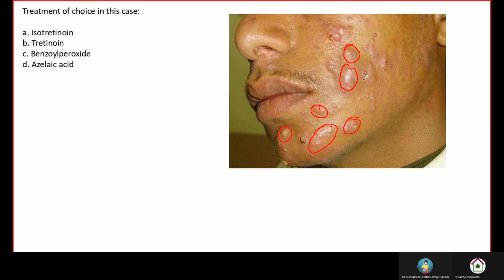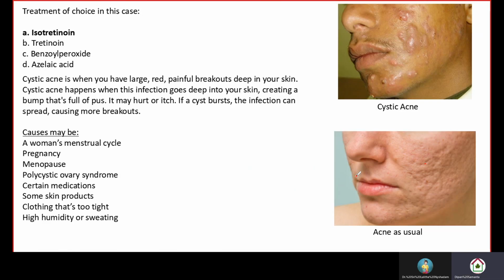Cystic acne is when the patient has large, red, painful breakouts deep in the skin. It happens when the acne infection goes deep into the skin, creating a bump that is full of pus.